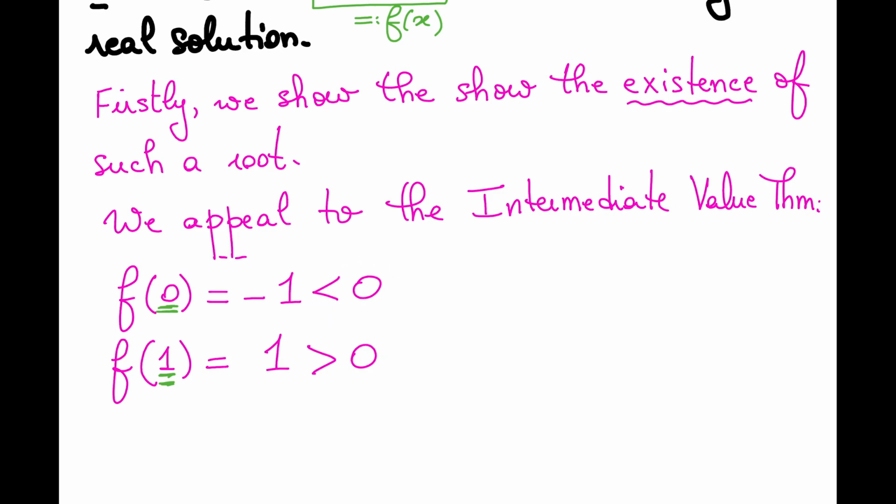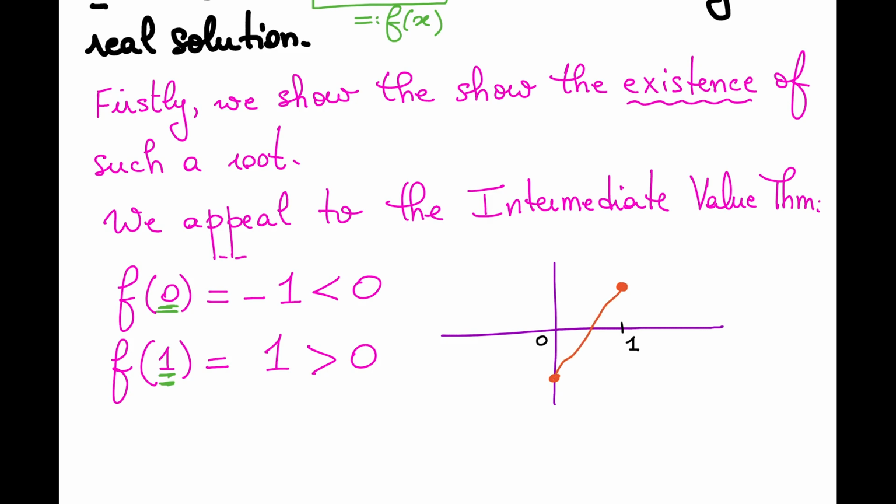So the function at 0 was at negative 1, and at 1 it's at 1. So this is 1 here, and this is 0. So it went continuously in between the two.